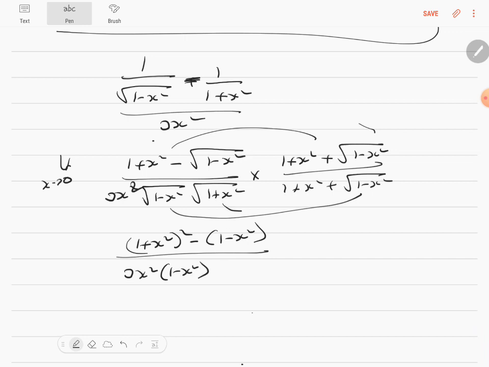And the root of 1 plus x square and 1 plus x square will become 1 plus x square whole to the power 3 by 2, limit x tends to 0. Doesn't matter, because these two are never going to become 0, so that's an advantage.